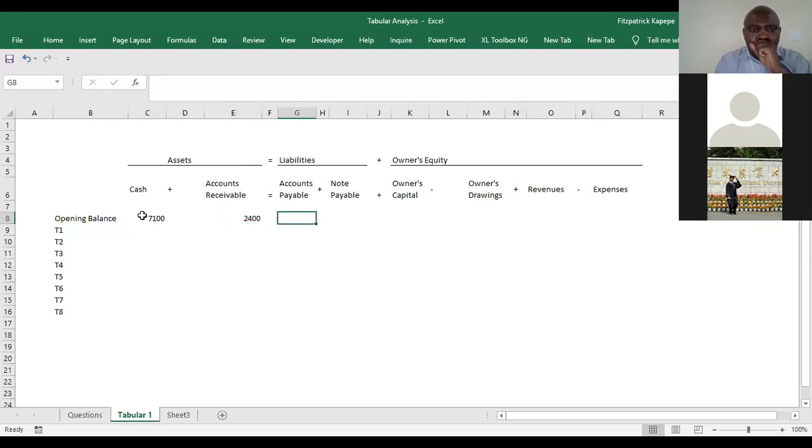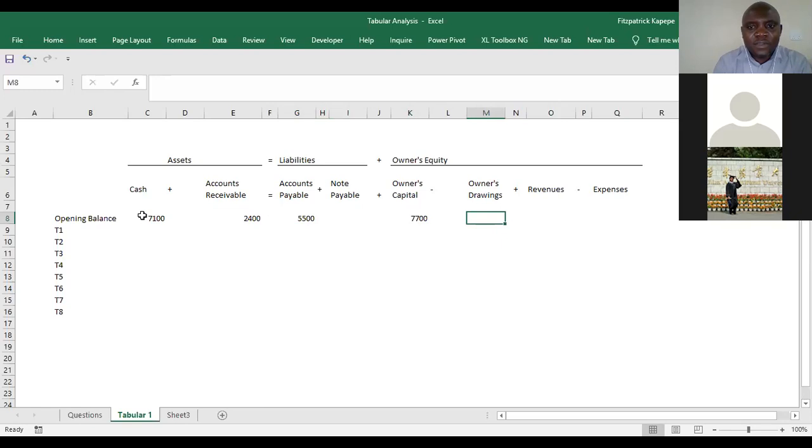Accounts payable, 5,500. Note payable, was there anything? If there was nothing, there was nothing. Supplies. Owner's capital, owner's equity, 7,000. 700.